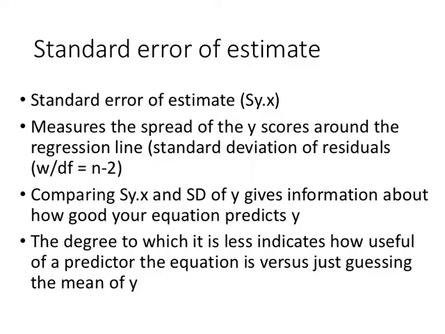I don't tend to make this comparison, but some disciplines do this more than I was trained to do. Some disciplines will compare the standard error of the estimate with the standard deviation of y. Looking at those can help you understand how well your equation predicts y. To the degree that the standard error of the estimate is less than the standard deviation, we can think that we have a useful set of predictors for our data.